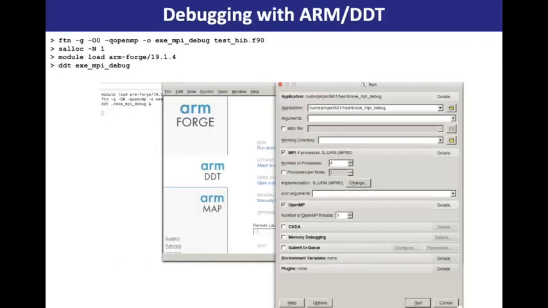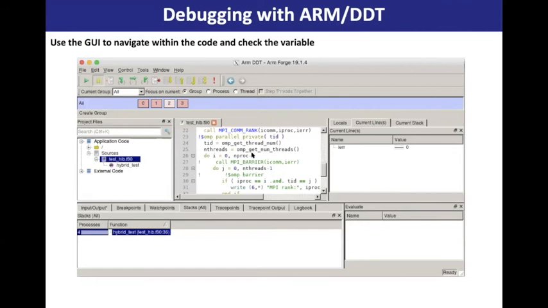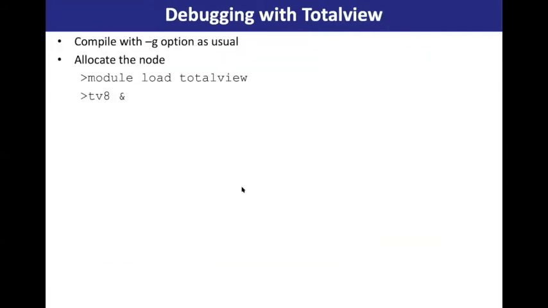You can also use tools like, again, ARM and DDT. You compile with the -g, to make sure that you have it. You allocate a node, you load the module, and then you do a ddt --connect mpi, and then you have this toolbox opening windows, and you run it, and it will tell you where you are spending time and where the issues are. Same thing we have also with Totalview.